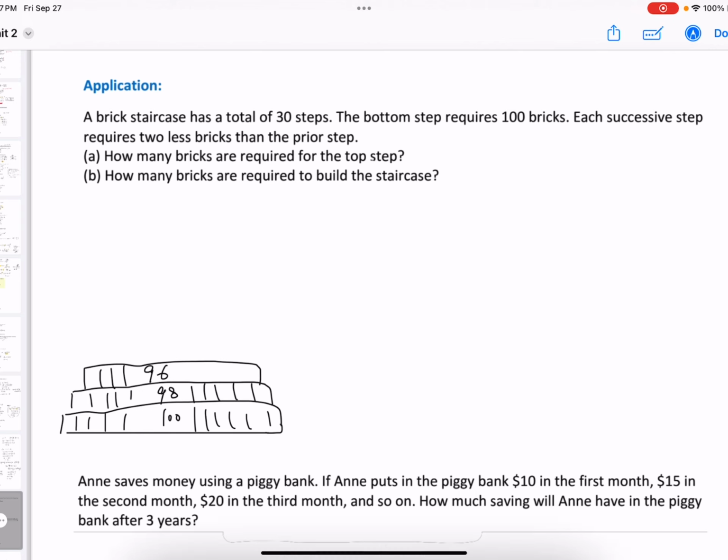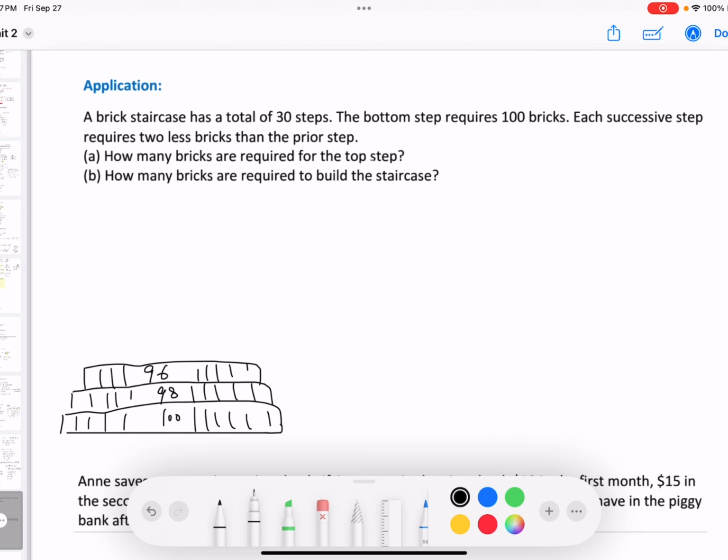And then keep moving up. I don't know how many we have. And then the last one on the top. So what did they mention about the top one?